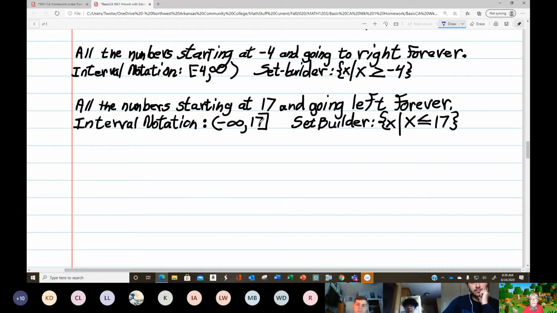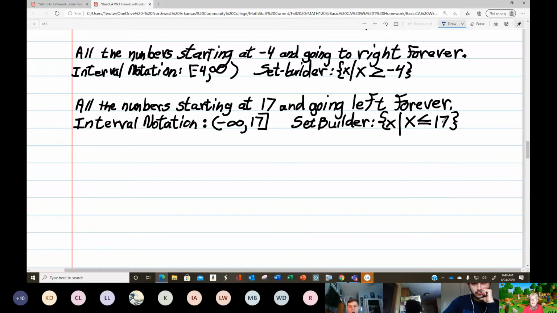Here you're starting at 17 on the right and going to the left forever, and being sure to use a parenthesis around an infinity sign, even when it's negative infinity. Over here, you have x is to the left of or equal to 17.